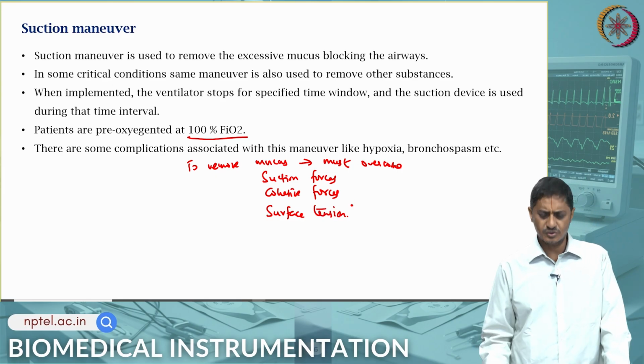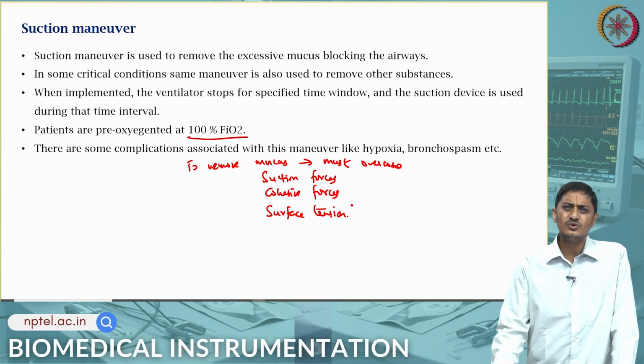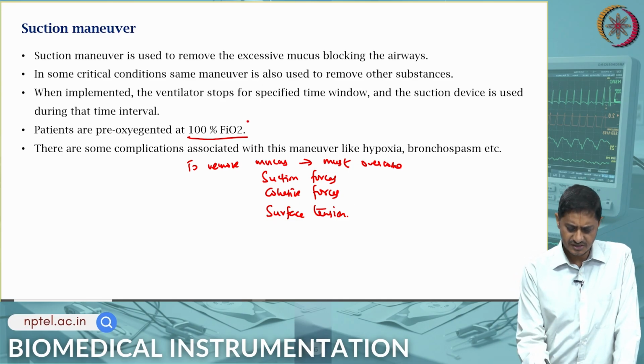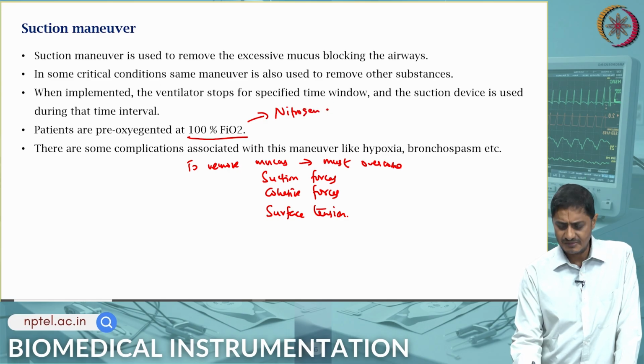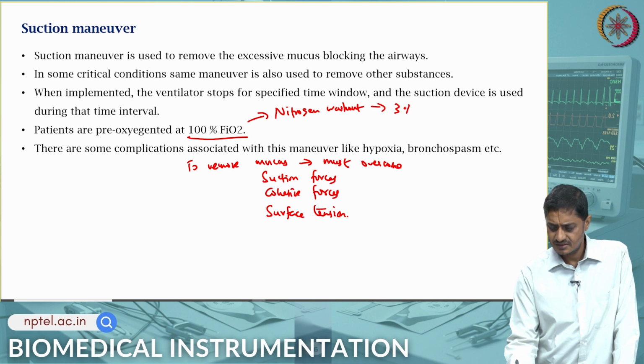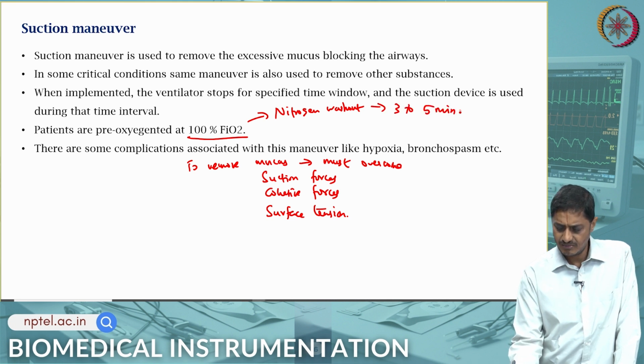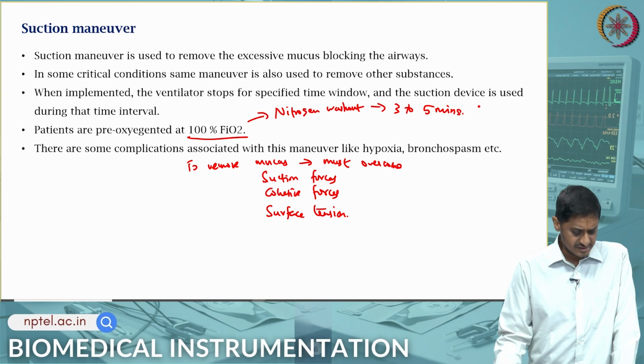There is a need to do nitrogen washout. This pre-oxygenation requires nitrogen washout. This nitrogen washout has a time constant of about 3 to 5 minutes. It takes 3 to 5 minutes to perform nitrogen washout.